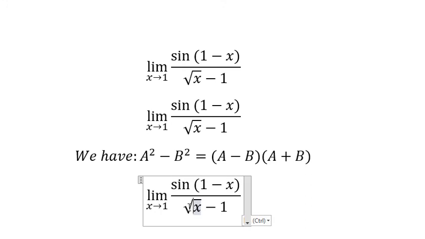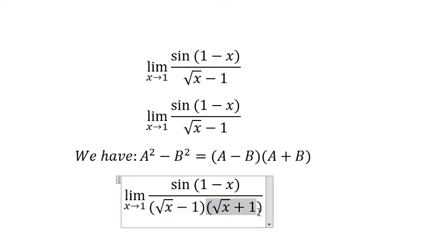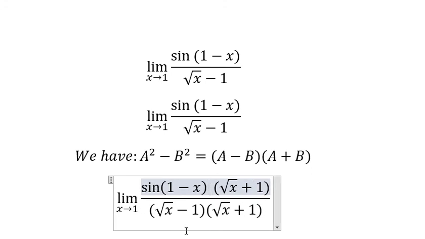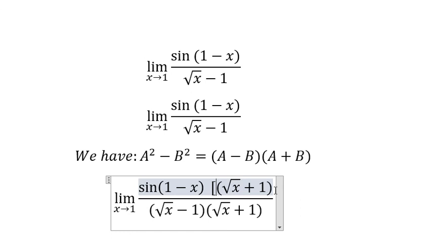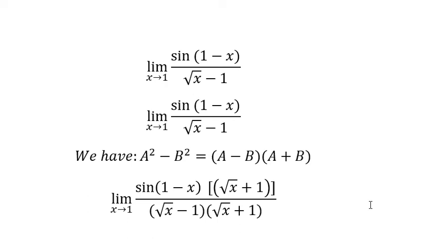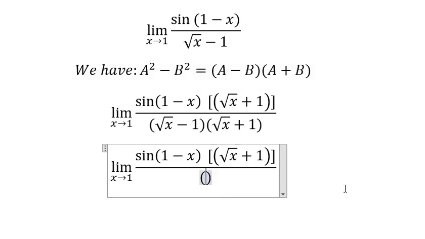So we need to multiply by the square root of x plus 1 on the numerator and denominator. I need to separate the sign here. They are not connected. So for this one, you get square root of x to the power of 2 minus 1 to the power of 2, and you get x minus 1.